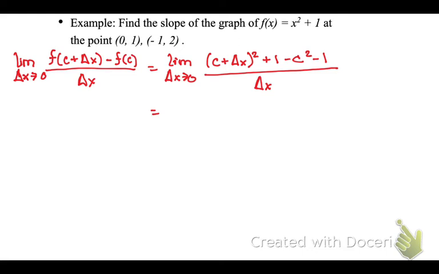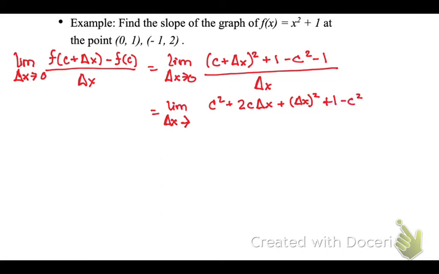So now I need to expand, correct? You sure do. And what do I get when I expand? C squared plus delta x squared plus 1 minus c squared minus 1, all over delta x.